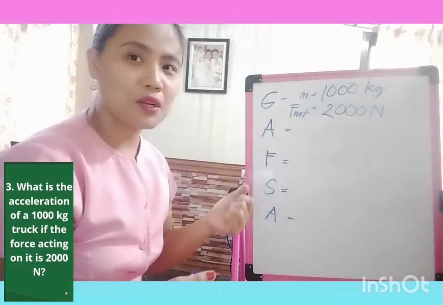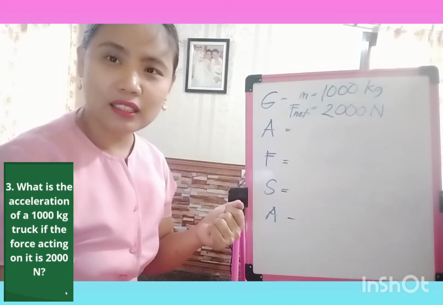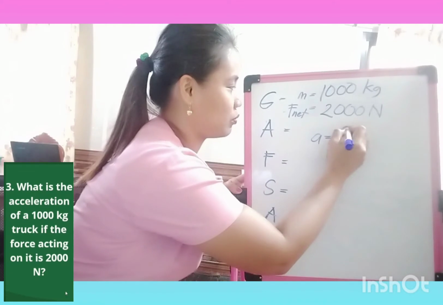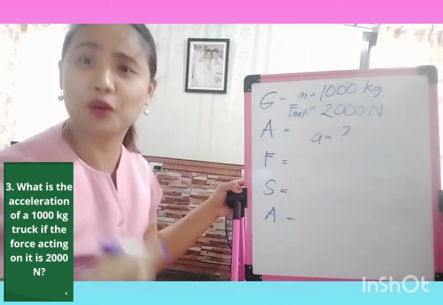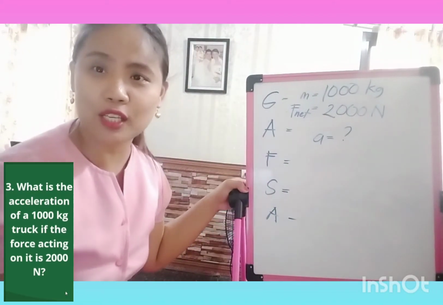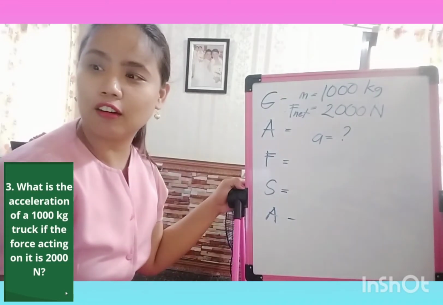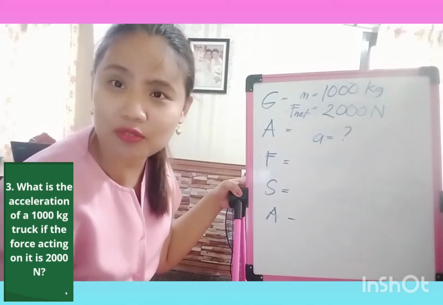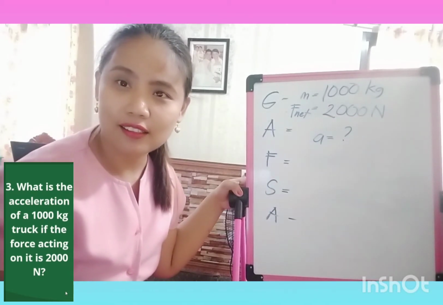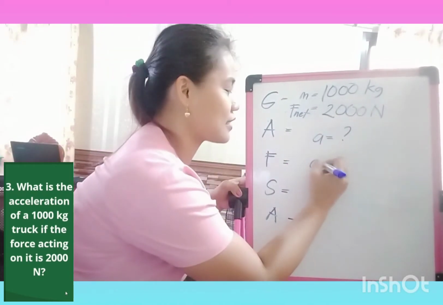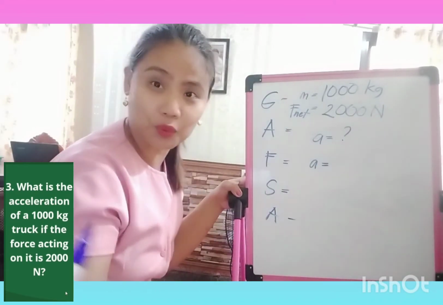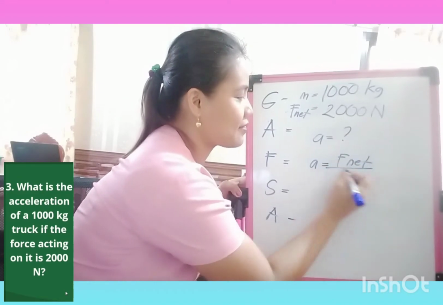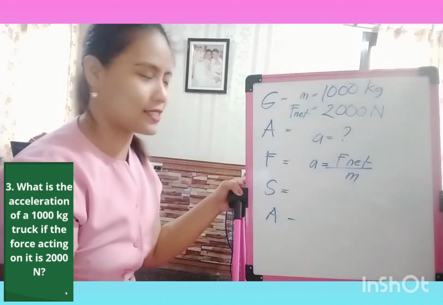Next, we have to write what is asked. So, you already know that. We have to solve for or compute for the acceleration of the truck. Then, the formula. Can you recall the formula? Very good. You have acceleration is equal to net force divided by mass.